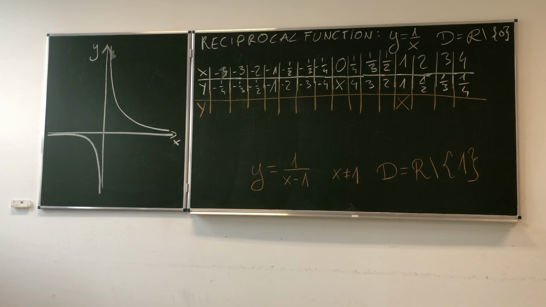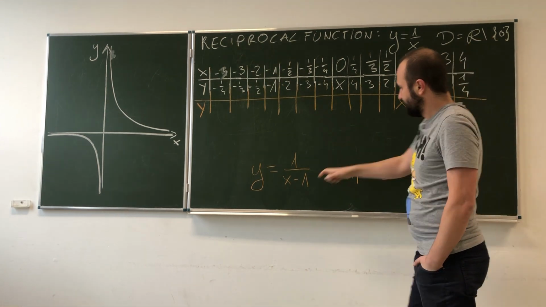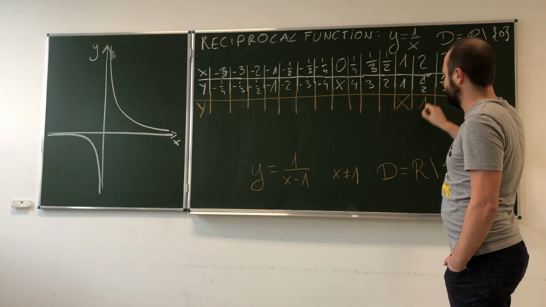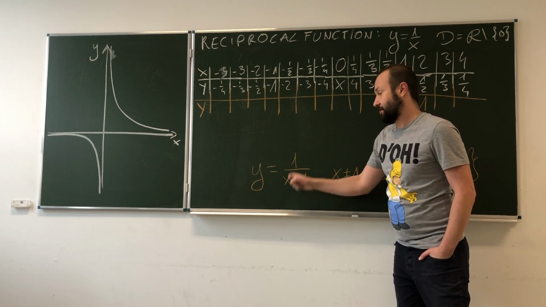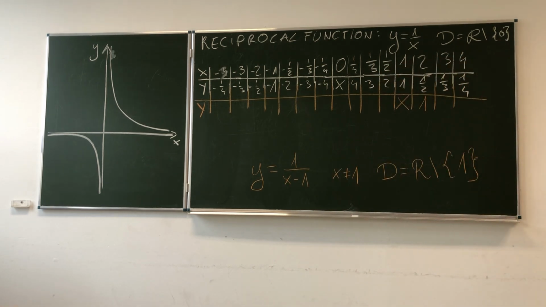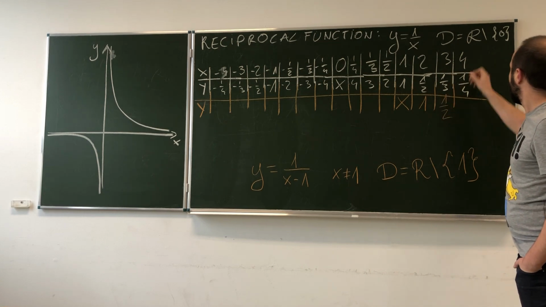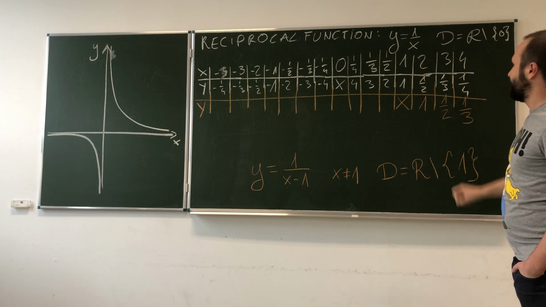But now, let's see what happens in other points. Now, if x is 2, we get 1. Right? 2 minus 1 is 1, and so we get 1. If x is 3, you will have 1 over 2. And when x is 4, we will have 1 over 3.